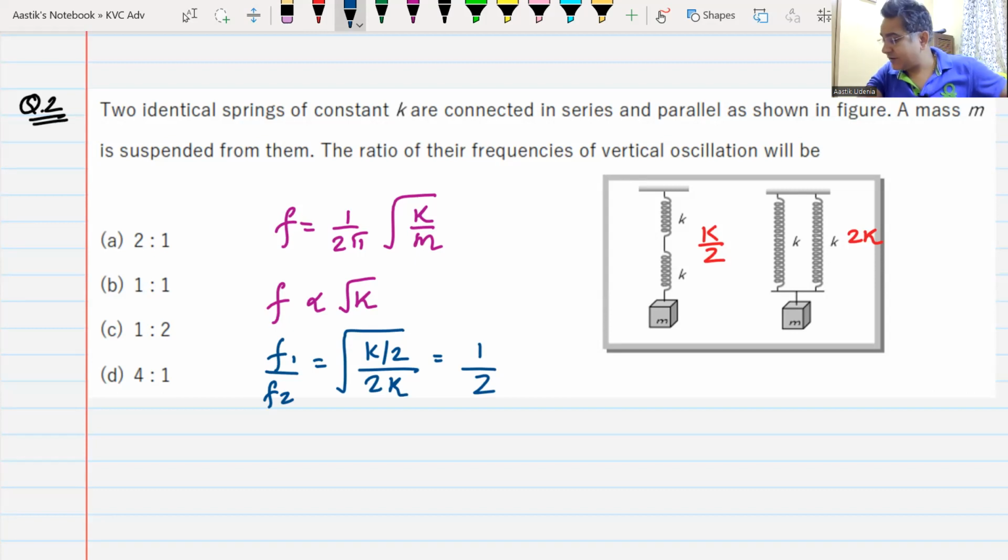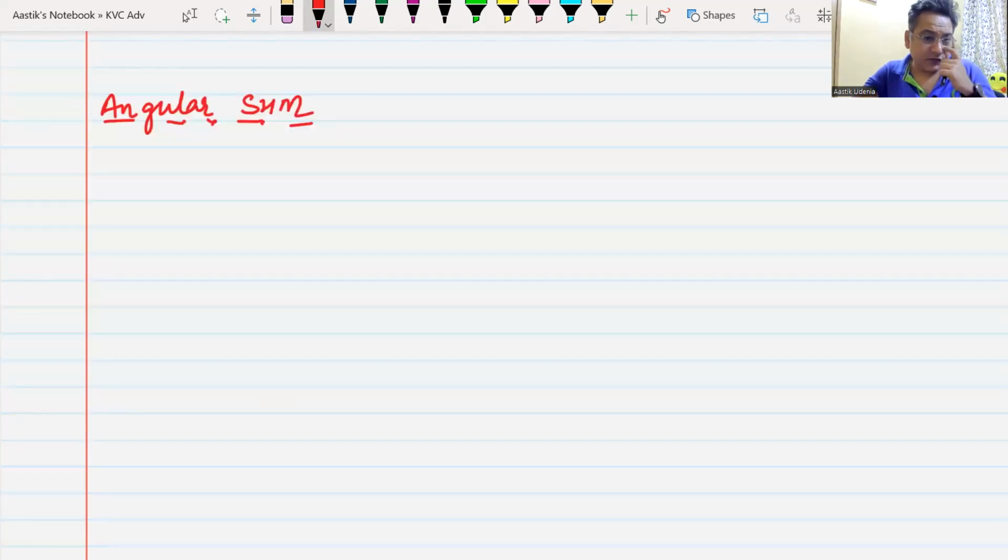The next thing that we are supposed to do is what we call angular SHM.